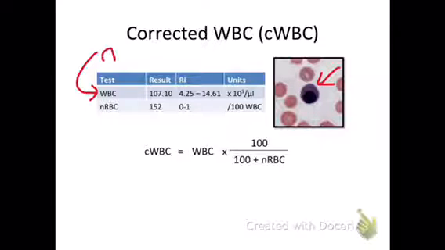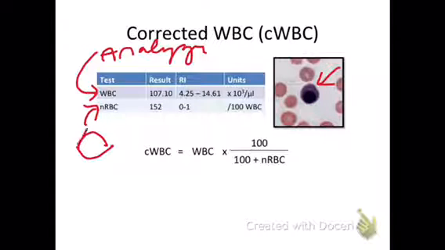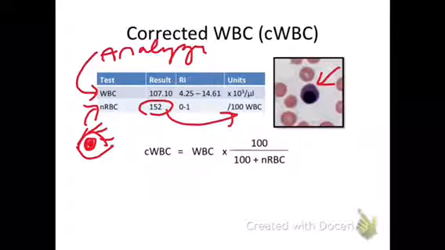So this is the analyzer. And looking at a blood smear, you identify that there are nucleated red cells in circulation. So you looked at a blood smear and you saw 152 nucleated red blood cells per 100 white blood cells.